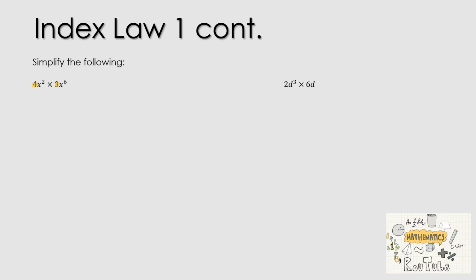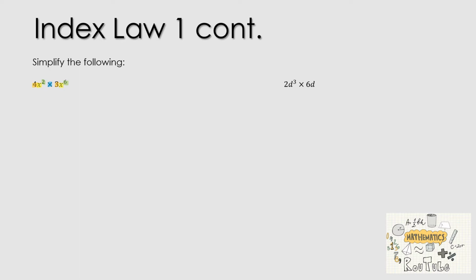It's important that we still go with the idea that the x is the base and the powers are 2 and 6, so they are the indices. And once again, the operation is multiplication. So that's how you would identify which index law to use.